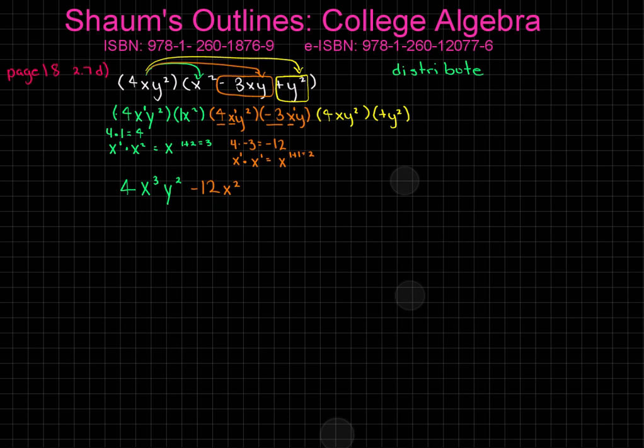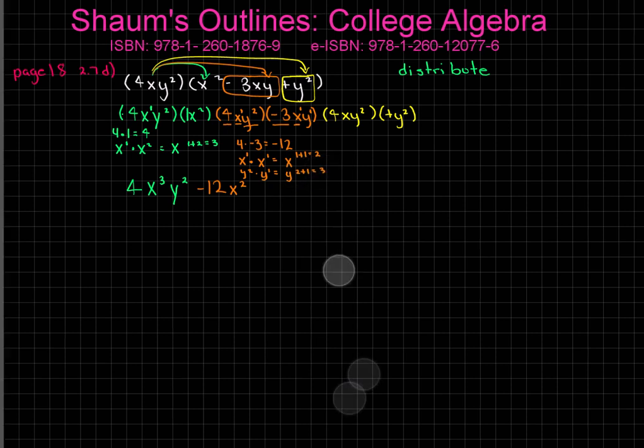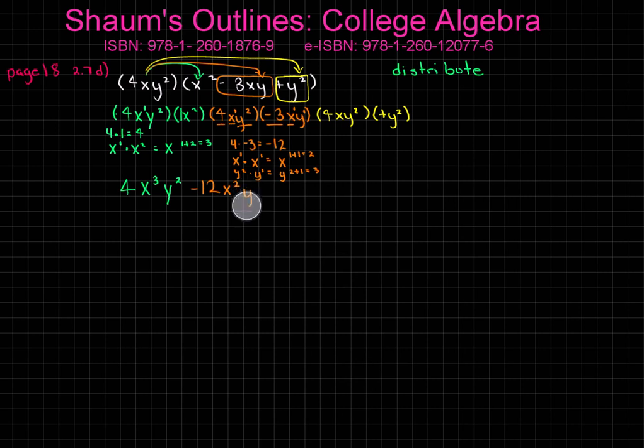And then for my y's, I have y squared times y to the 1. I keep the y, and then I add 2 plus 1 gives me 3. So I get y to the 3rd.